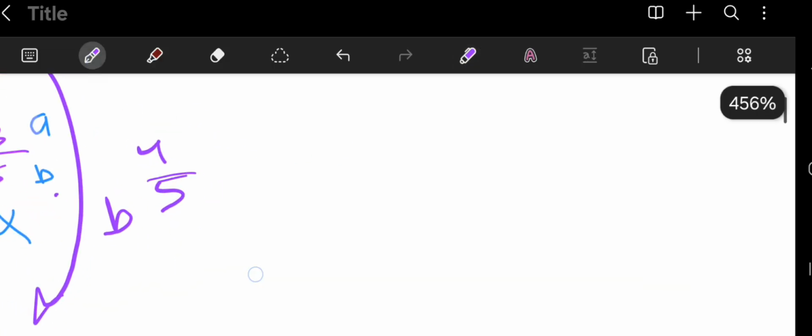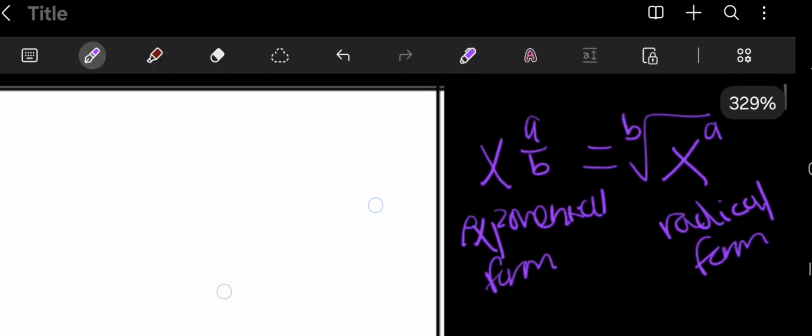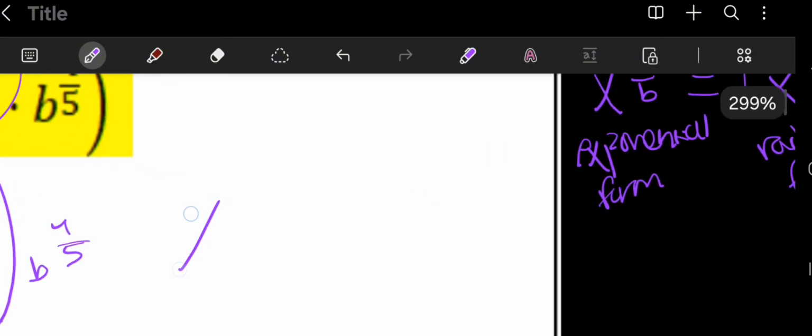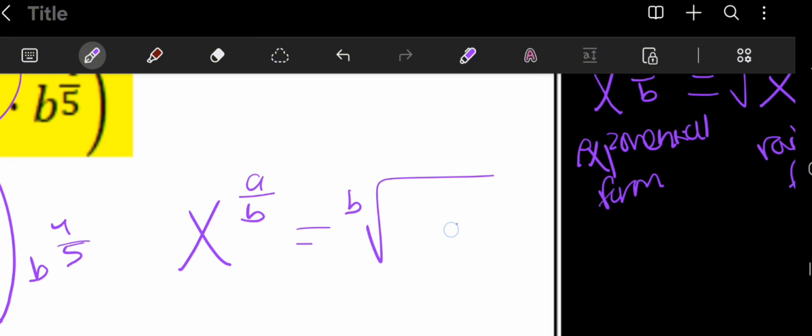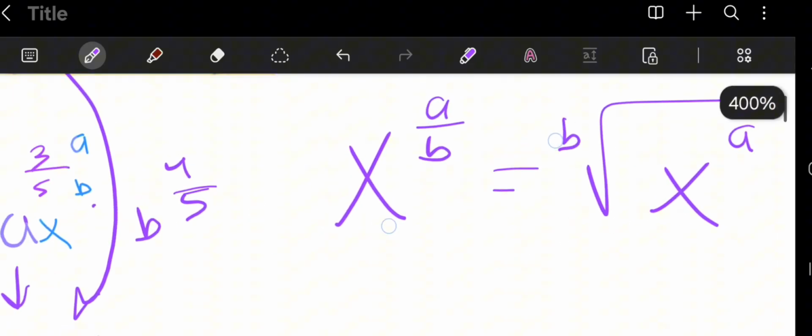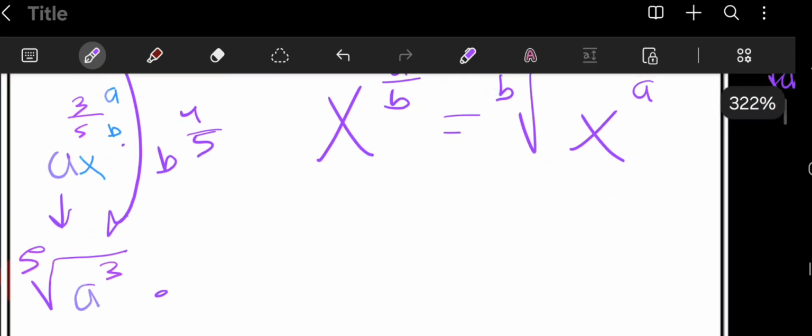So just remember, we're going to use this little rule right here. x to the a over b power is the same thing as saying the b root of x to the a power. And for this one, our x is b. So I'm just going to write b inside the radical. And then our 5 is what our root is going to be, so it's going to be a 5th root.